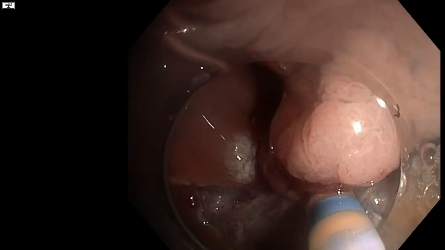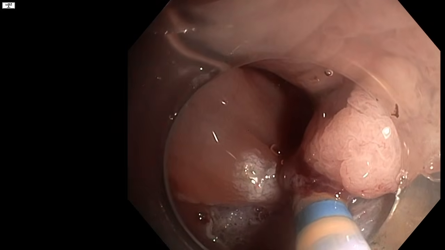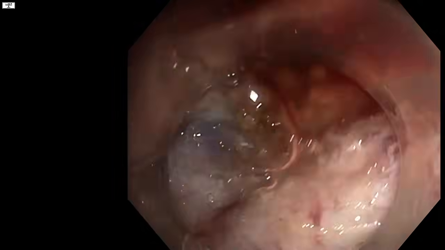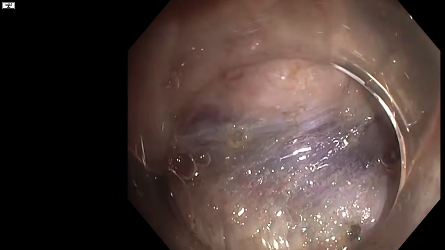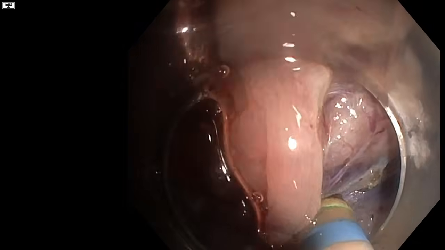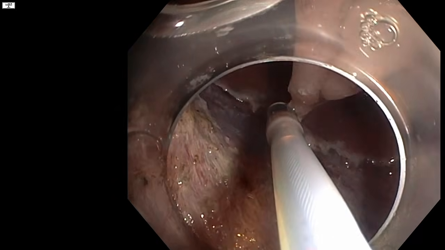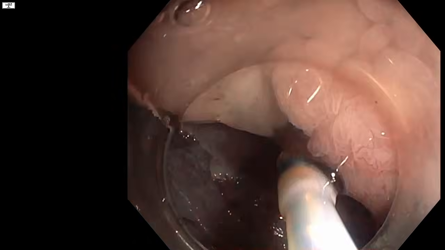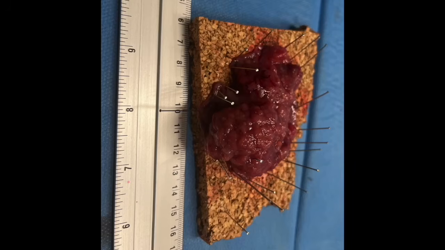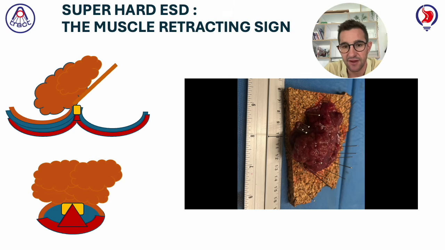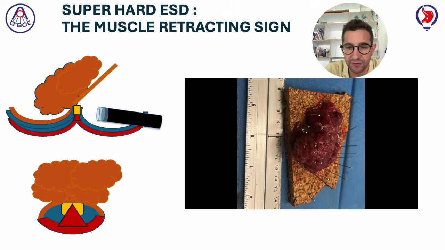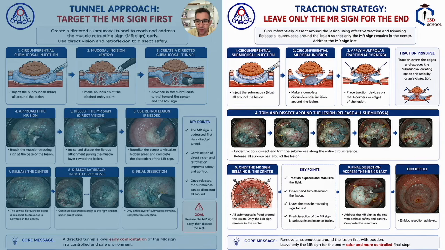So tunneling is an option, but once again, it is important to expose the two sides of the muscle retracting sign and to try to cover it, to open the space, and then after, when you pass through this muscle retracting sign, you will be better and life will be very easy after this very high challenge of passing through this muscle retracting sign.